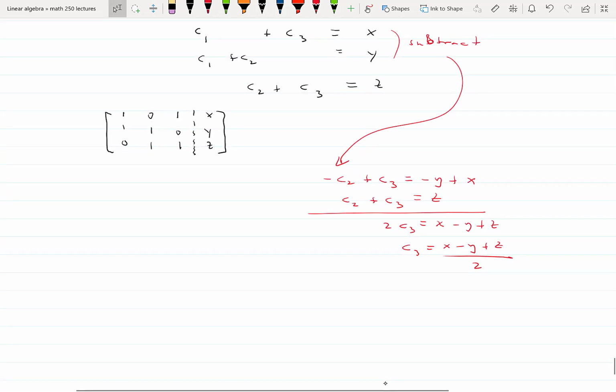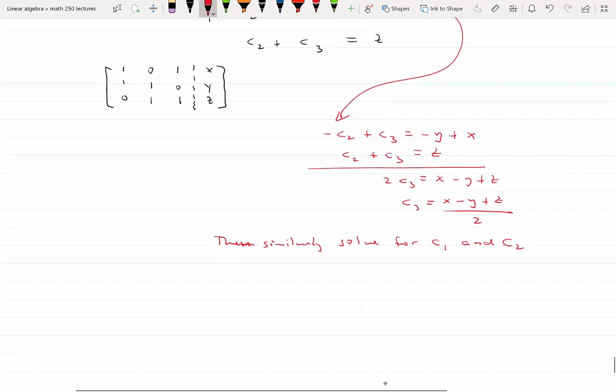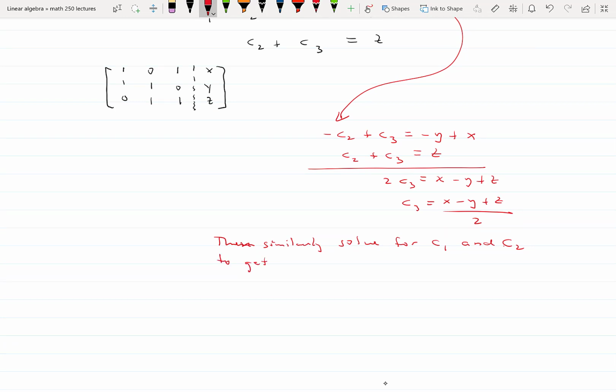Then you could solve for C1 and C2 similarly. Okay, I'm not going to do it because I've got a better way to get it.